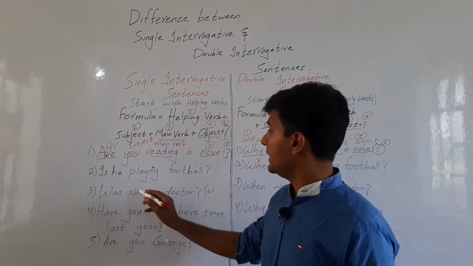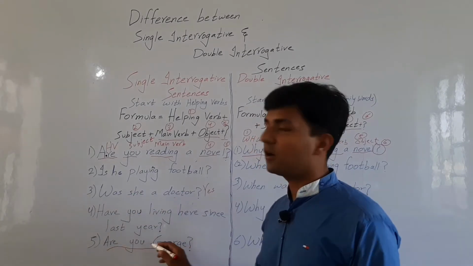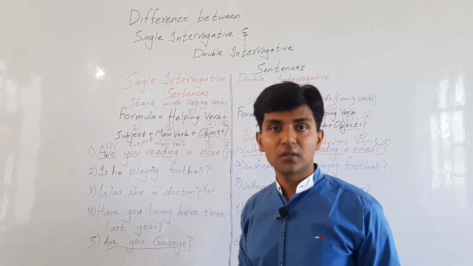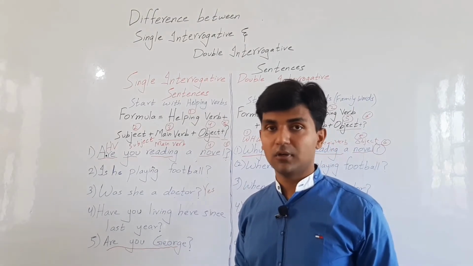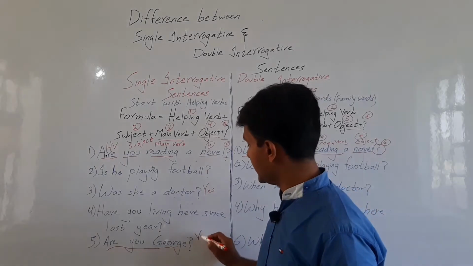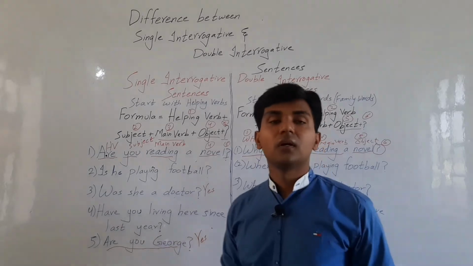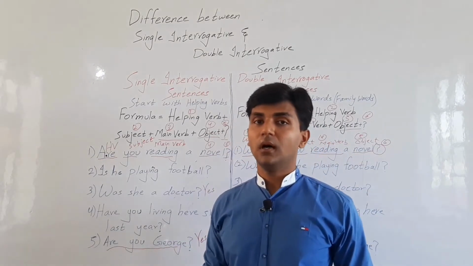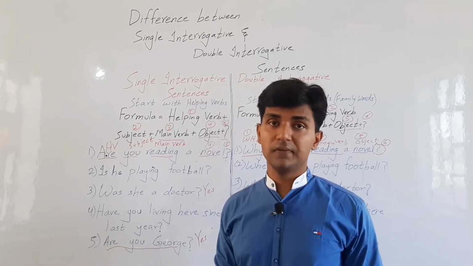If I ask some person, are you George? If I ask George, are you George? If he is really George, is his name really George? Then he will say yes. And if I ask him, are you Sam? But he is not Sam, he is George, he will say no.